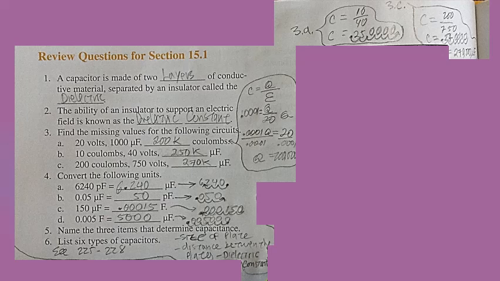A micro is a millionth, so we move the decimal point to the right 6 spaces, and we get 250,000 microfarads.